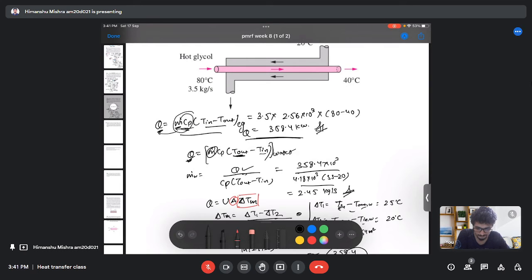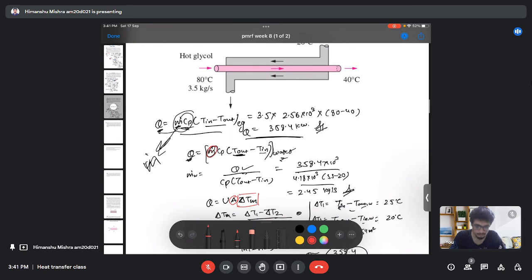But for the water case, we have not been given the mass flow rate. So sorry, earlier we found the heat transfer using the relation for the ethylene glycol, and we used the same relation for the water to find the mass flow rate of the water.